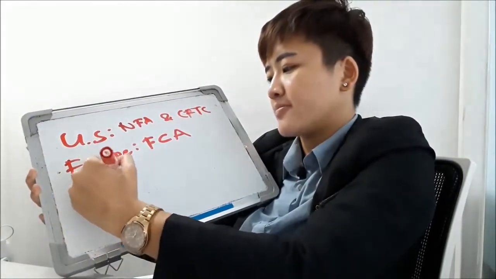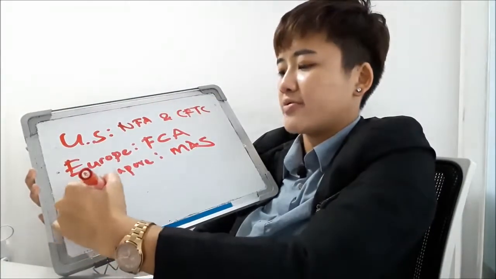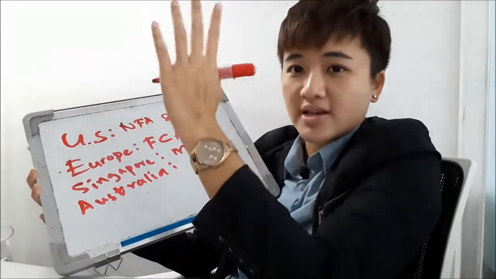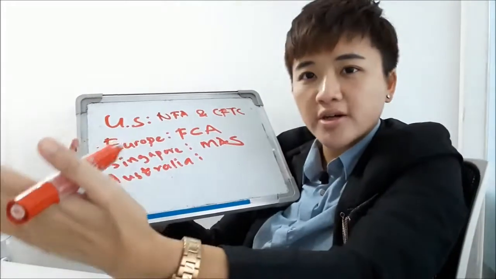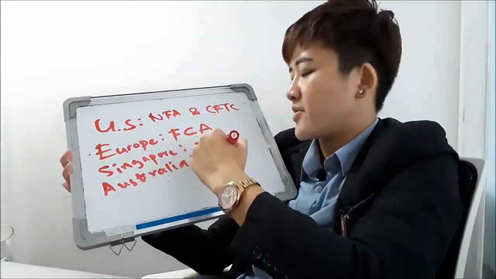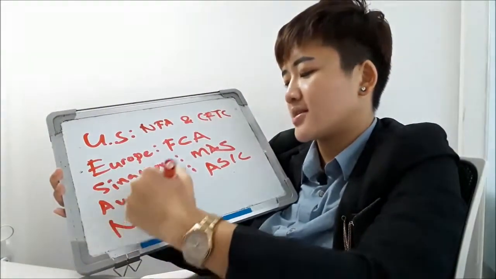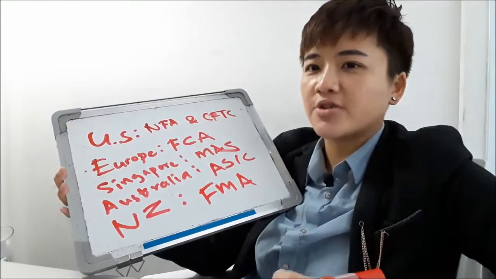Whereas if you're in Singapore, then it would be MAS, Monetary Authority of Singapore. Whereas if you're in Australia, now I'm not being biased because I can't mention all the countries. If you're watching from other countries that I didn't mention, just do a quick Google and you can find the answer, okay? It has to be regulated by ASIC. If you are based in New Zealand, it has to be regulated by FMA, which is Financial Markets Authority.